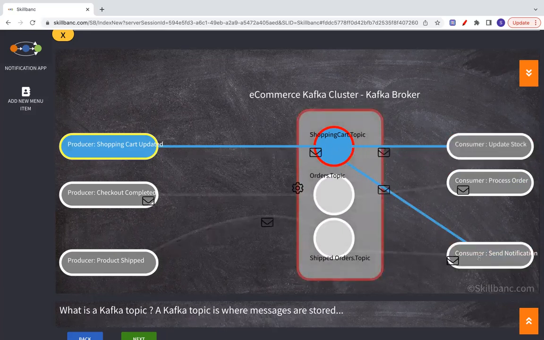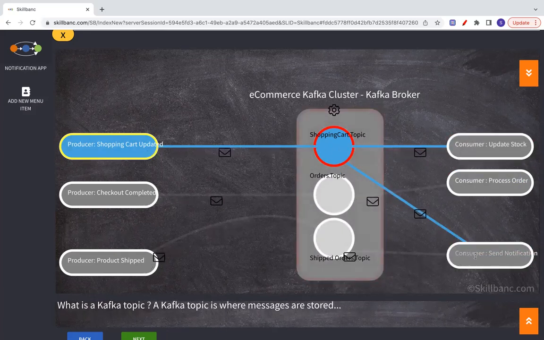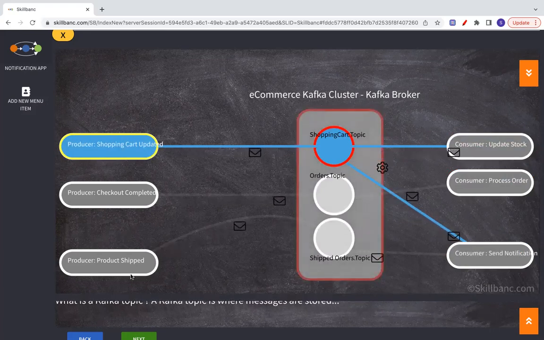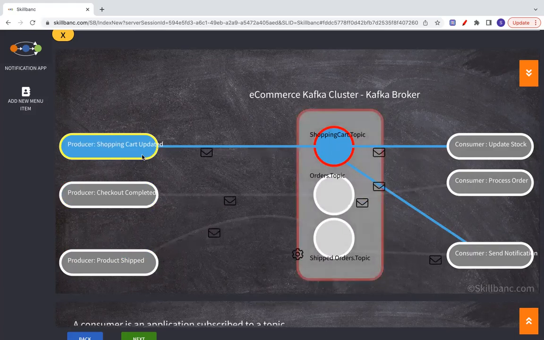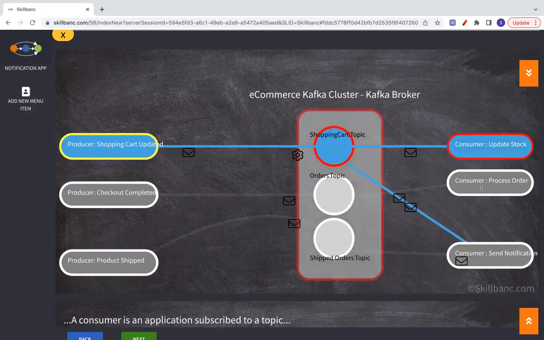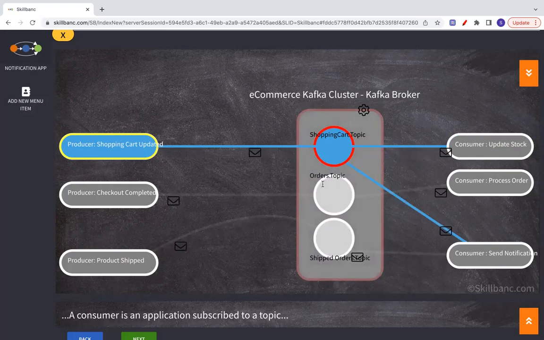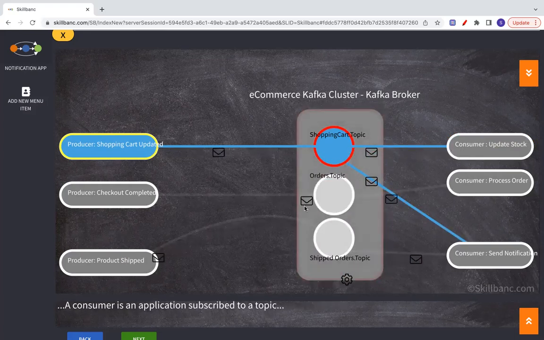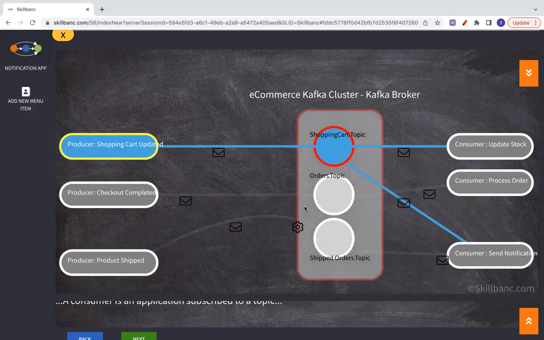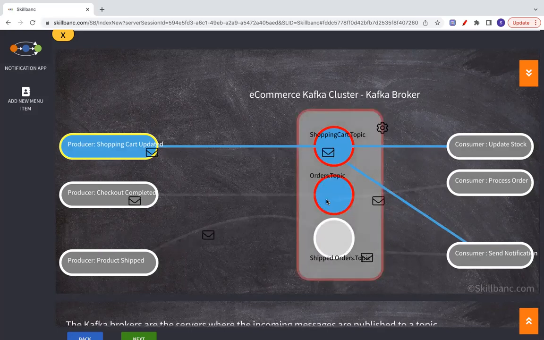So these are the applications, software applications on the consumer side, and these are producing applications. They're all software systems, some producing messages, some consuming messages. So this is the typical architecture of any highly scalable messaging systems like WhatsApp or LinkedIn, etc.